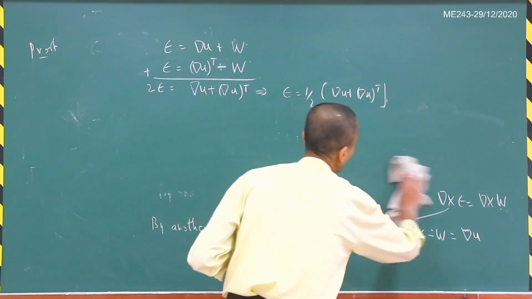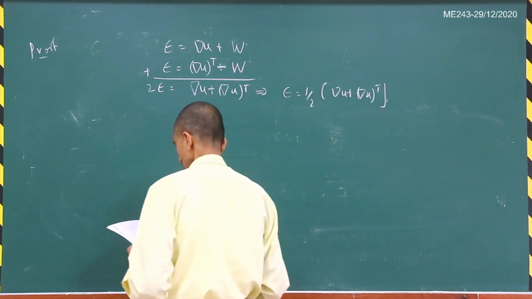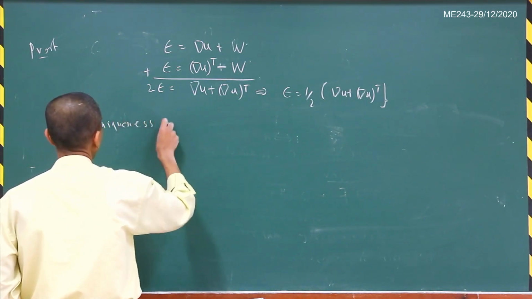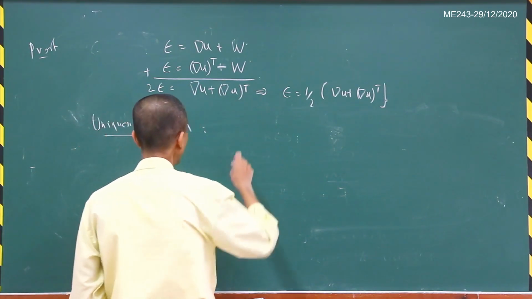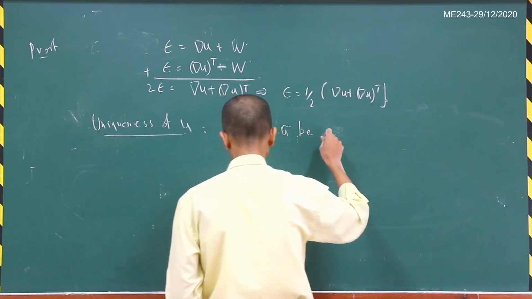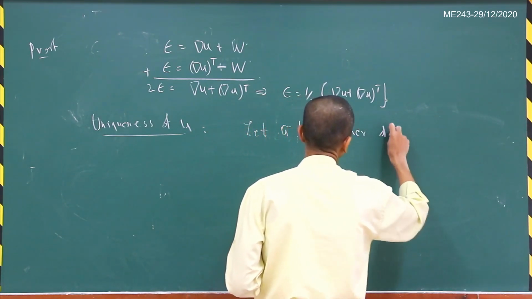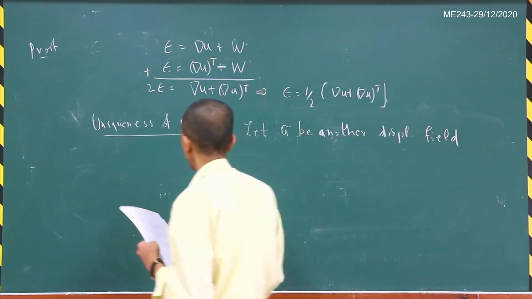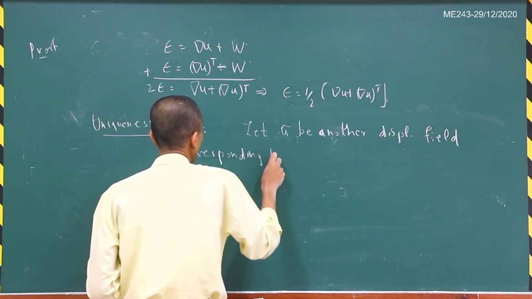So let us show the uniqueness of u corresponding to this epsilon here. Let u tilde be another displacement field corresponding to epsilon.